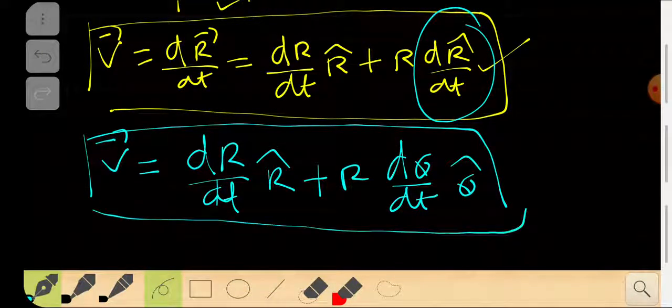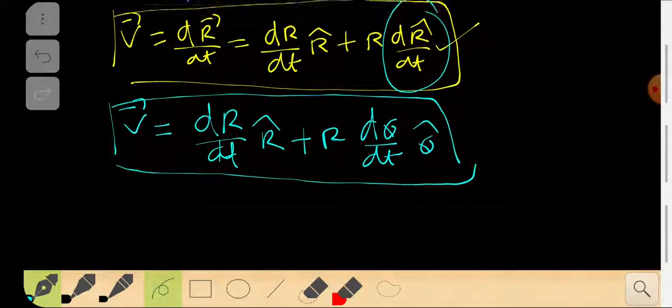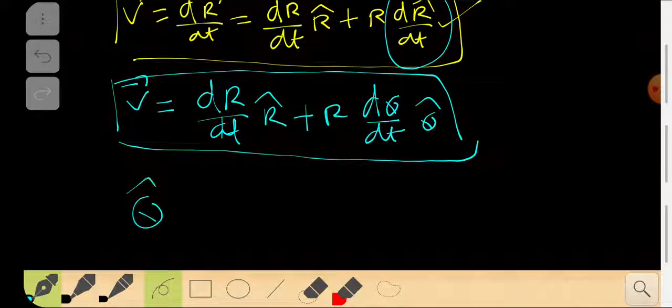Okay, this is the equation of velocity for non-circular motion. It has two components. It has a tangential component, which is theta cap, and a radial component, r cap.